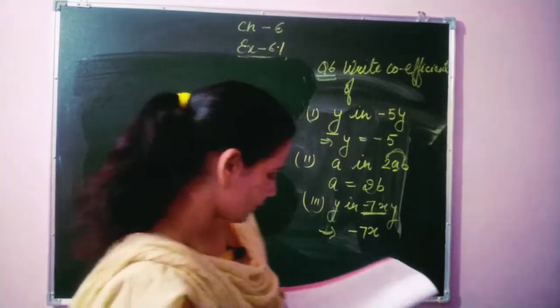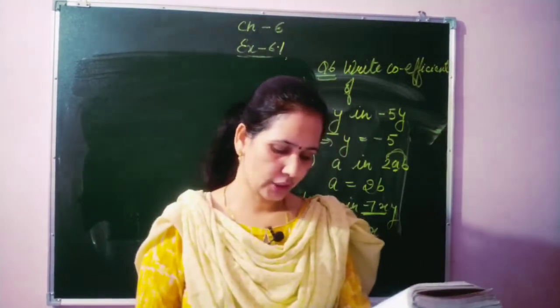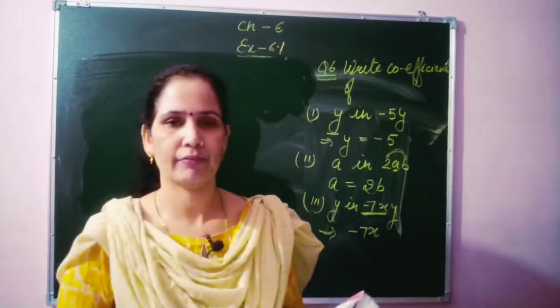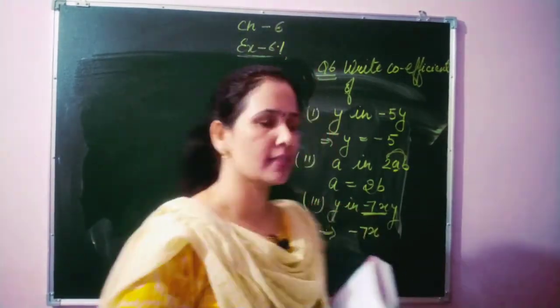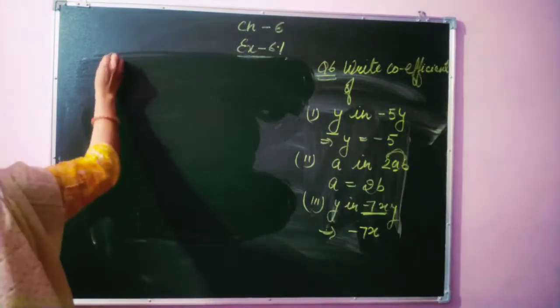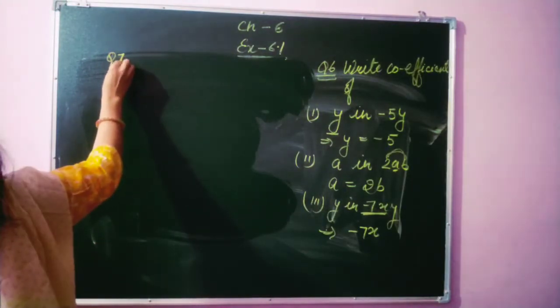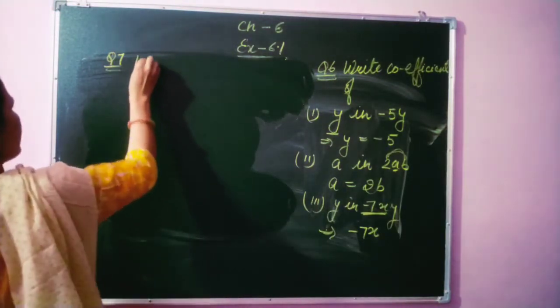In question number 7, we have to write the factor of each term of the following. That means they have given the terms and we have to factorize these terms. How? Let's see. Question number 7. Write the factor of each term.